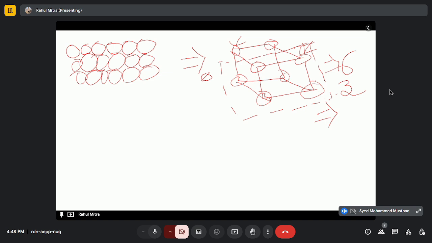I'm going to cut this crystal along the 1, 0, 0 direction. So what happens? Once the crystal is cut, how many atomic bonds are lost?